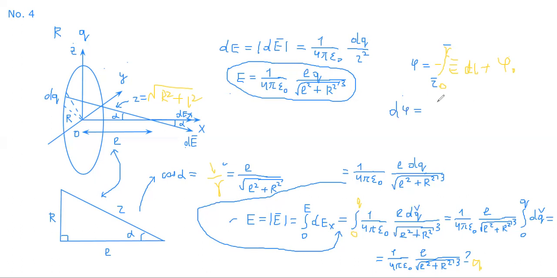I mean something like this: 1 divided by 4π epsilon 0, dq divided by r.